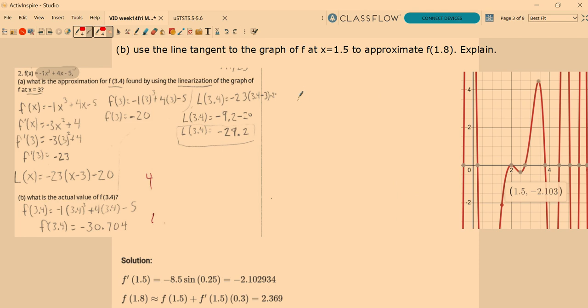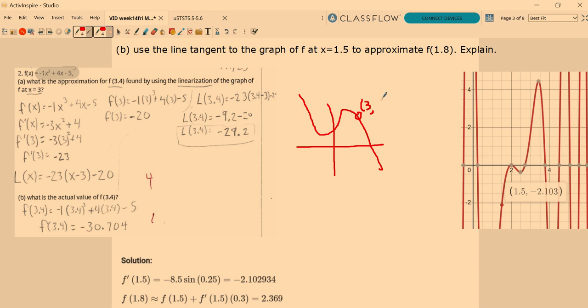In this case, I'm going to make up how this function looks, maybe something like this. And I'm going to make up an x and y axis, and let's say x equals 3 here.